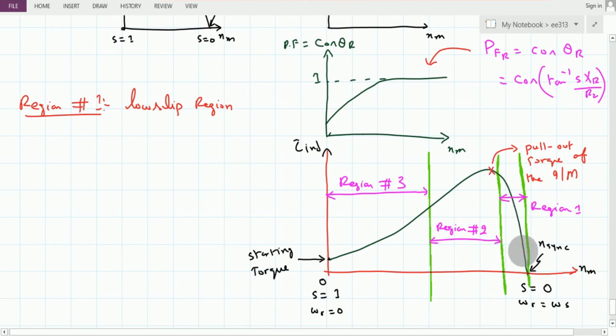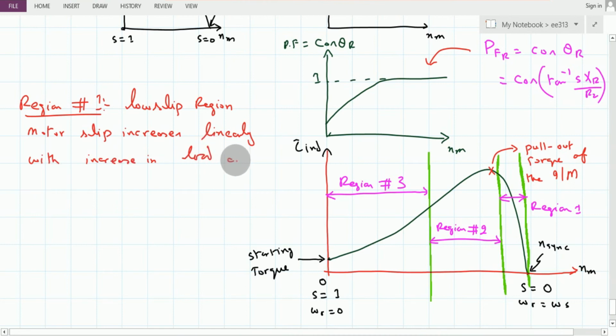And in this particular region, the applied load has a linear relation with the slip here, right? So the motor slip increases linearly with the increase in load.